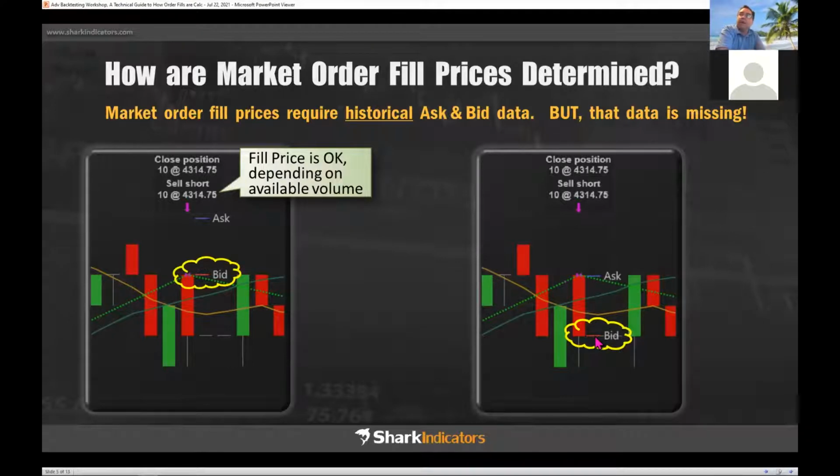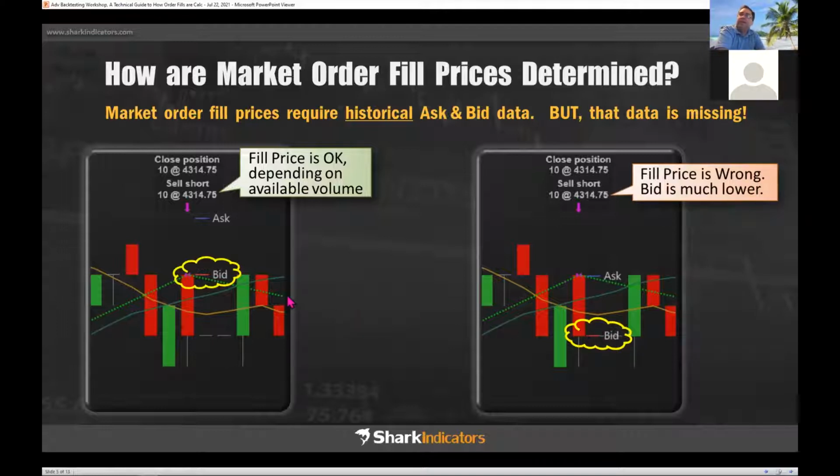When you're backtesting 1,000 trades, times 20 contracts, times 2 ticks, that's a lot of P&L that's not accounted for. So this backtest fill price is totally incorrect. It would need to be down here, where the bid truly is.